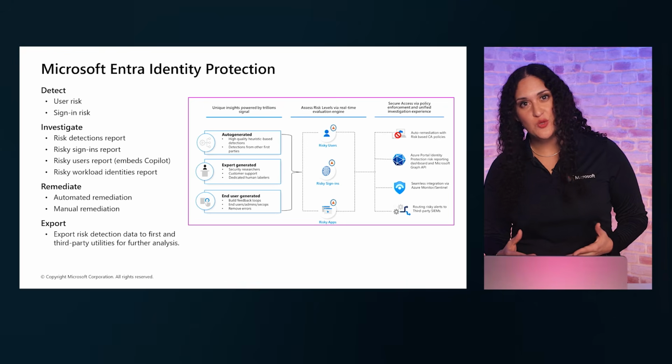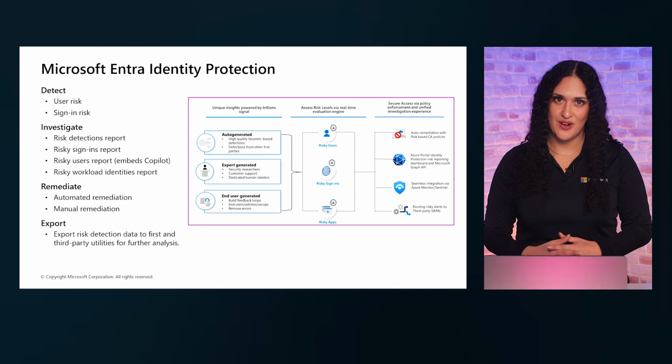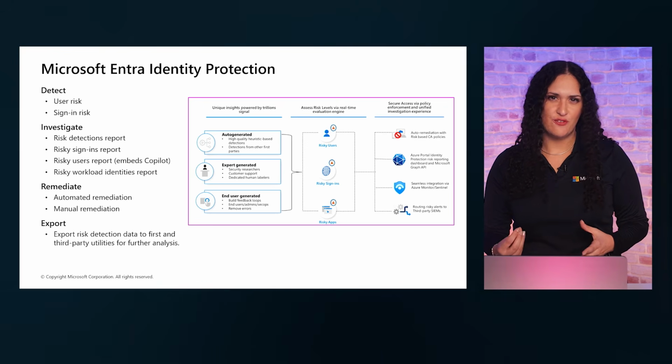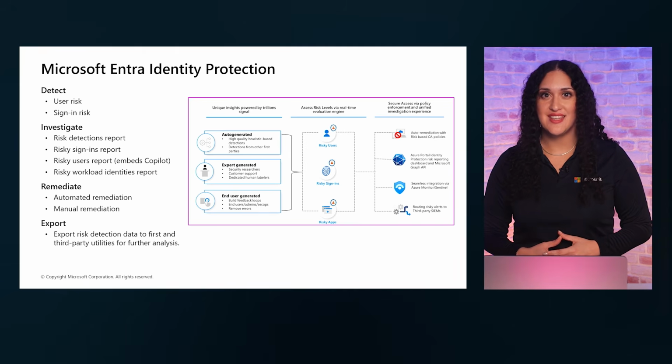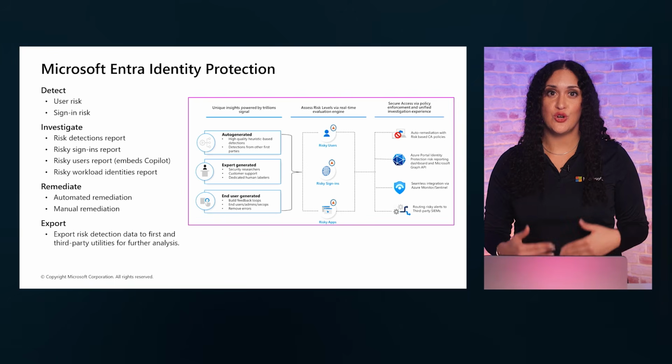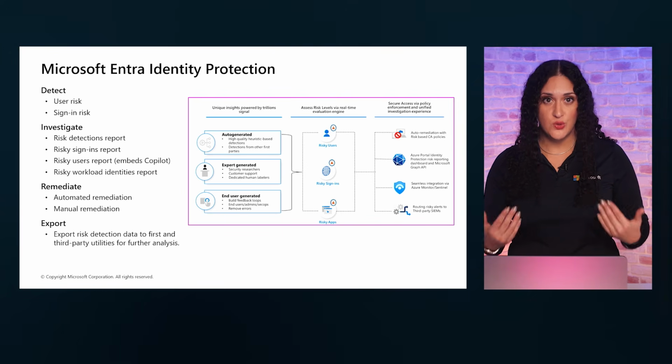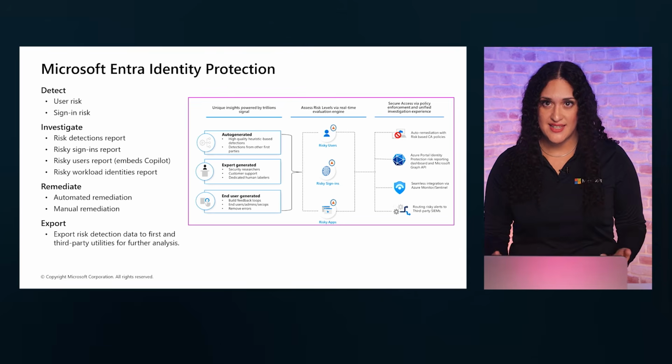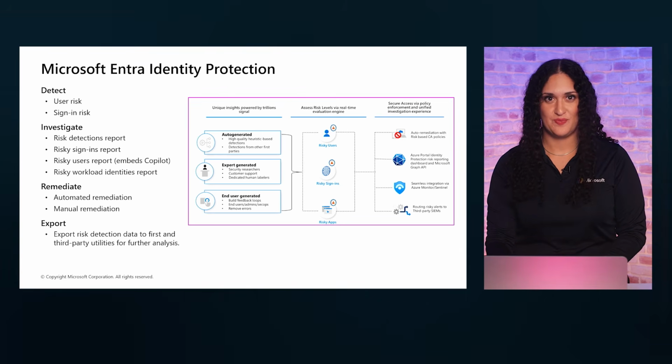Risk data can also be exported to other security tools for deeper analysis. A key benefit is integration with Conditional Access and Microsoft Security Copilot, which helps teams make faster, smarter decisions, reduce account compromise, and protect identities before attackers can cause any damage.